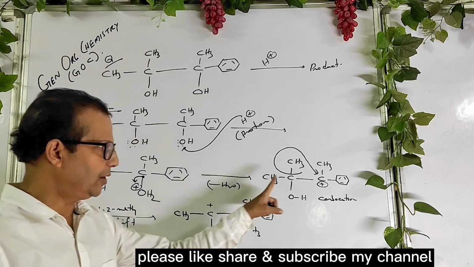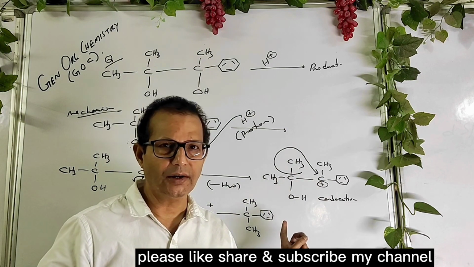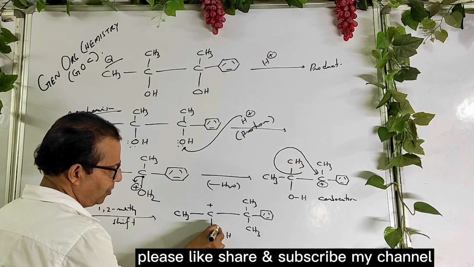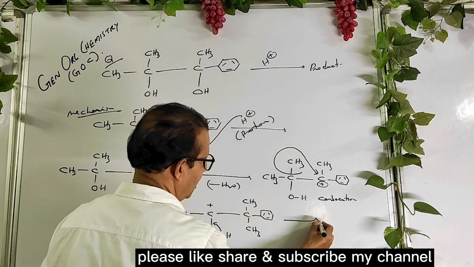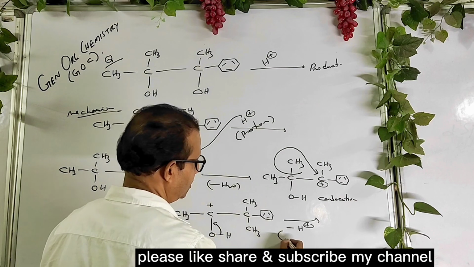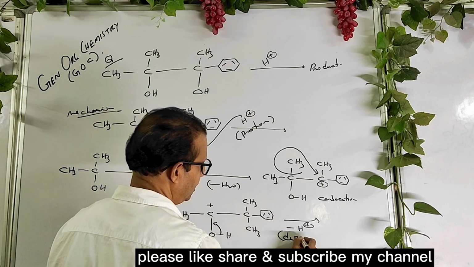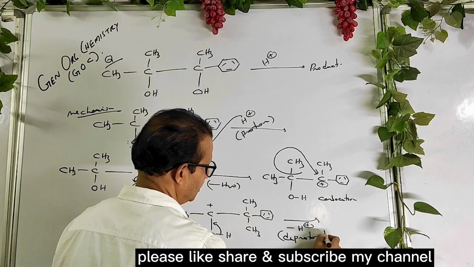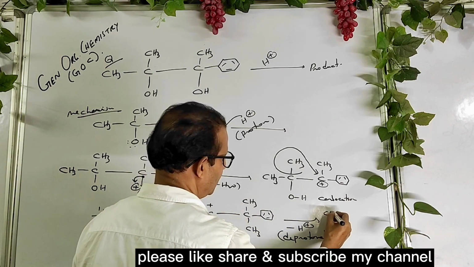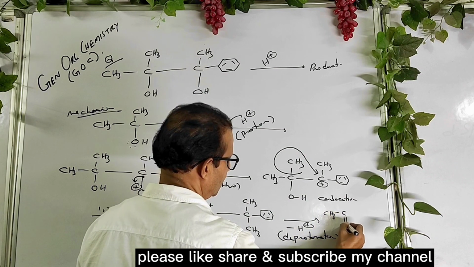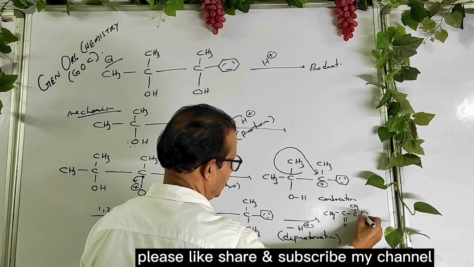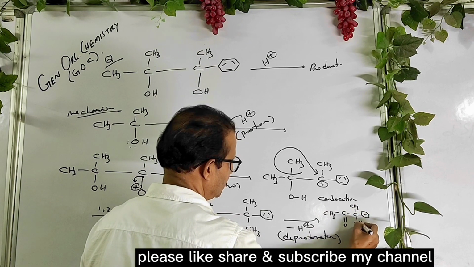You know that carbocation is intermediate, carbocation is not the product. That's why this bond shifts here, and there is elimination of H positive ion. This part is called loss of proton, that is deprotonation. So you get the product CH3 C double bond O, C, CH3, benzene ring and CH3.